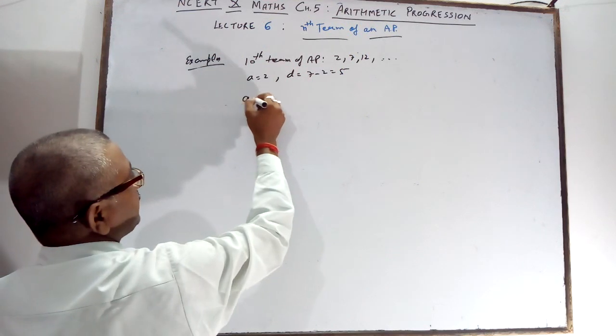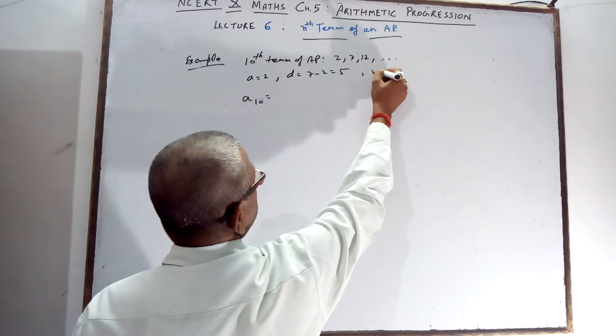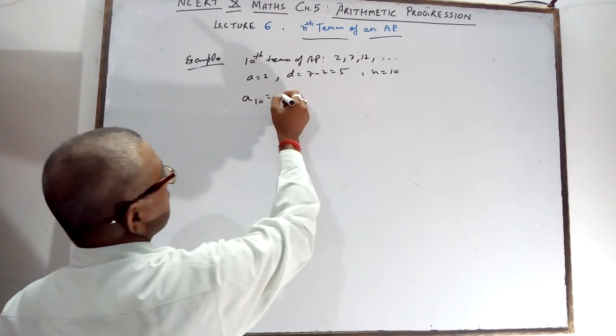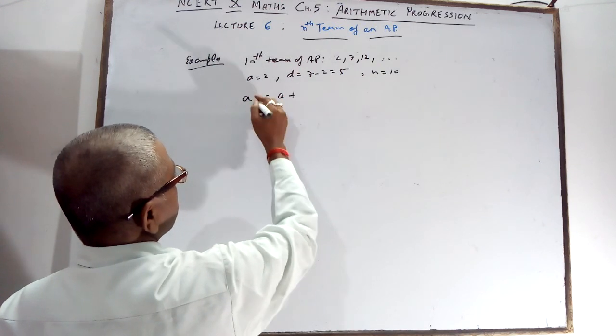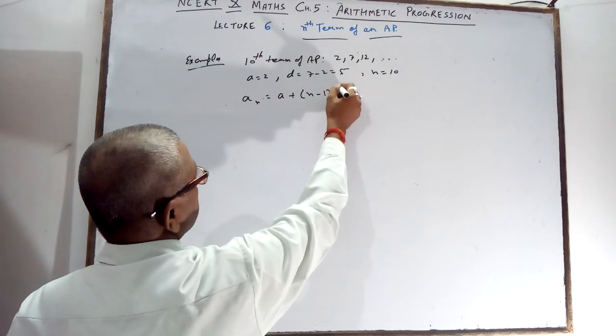So a10, n is equal to 10. a10 is equal to a plus (n minus 1) into d, the a_n formula.